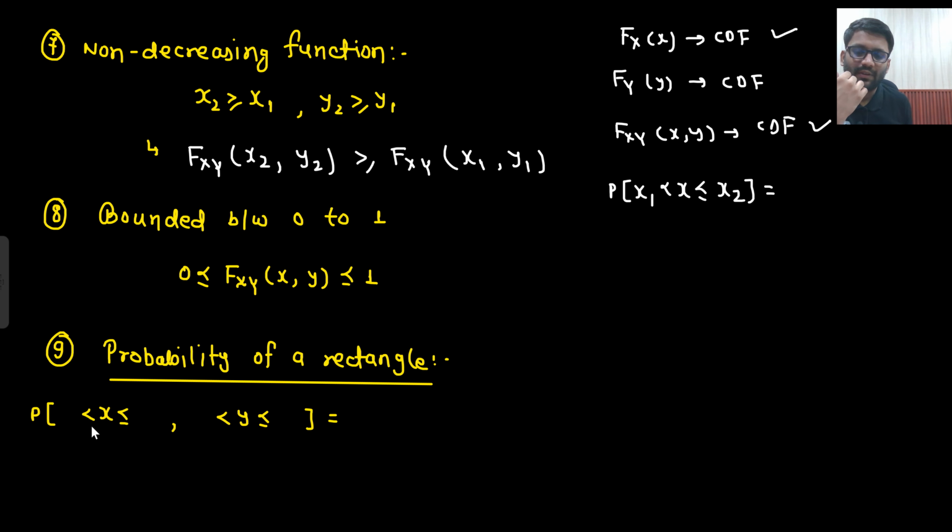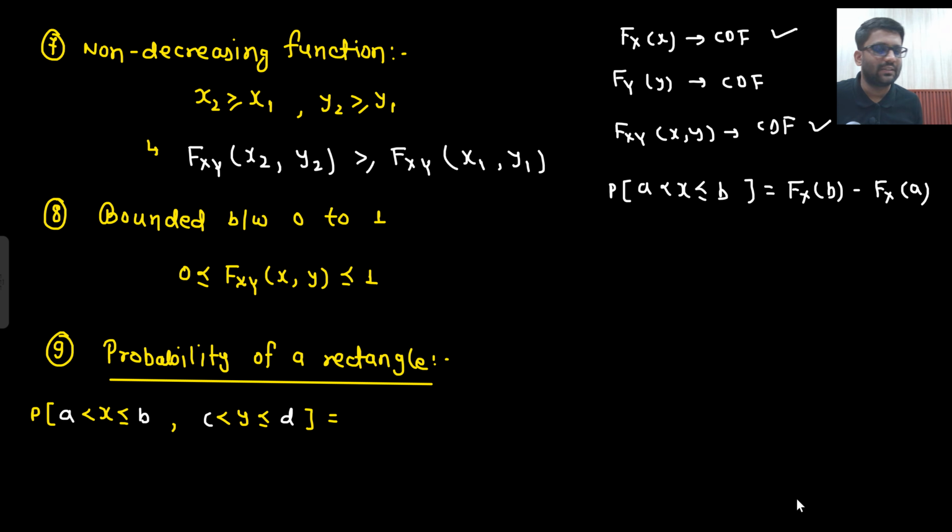Okay, let's not call it y1, y2. A, b, c, d. So what we used to find? Probability of random variable x taking value between a to b, right? So on the upper limit, I needed the equal sign. On the downward limit, I don't need the equal sign. So yeah, this is the desirable condition. So answer would be fx of b minus fx of a.